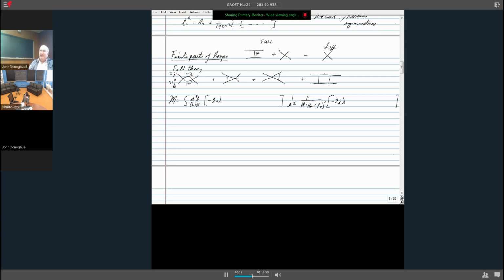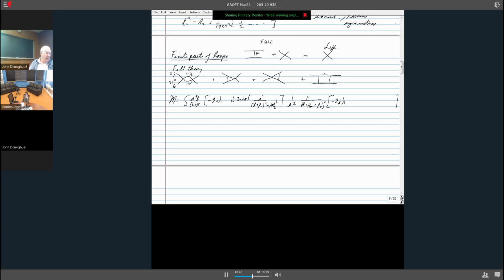Okay, let's close this here. I'm always going to have propagators of these light pions here. Those occur in all the diagrams. So I'm going to call one of them 1 over k squared, and the other one is then 1 over k plus p minus plus p0 squared.